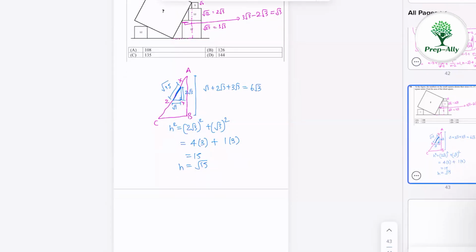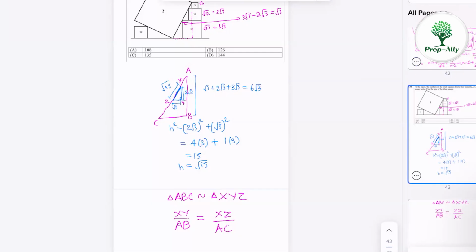So the triangle ABC is similar to triangle XYZ. And XY by AB is equal to XZ by AC.